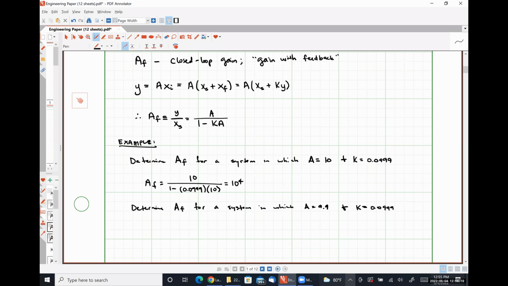So before we go forward here, what's the percent change in our open loop gain? 1%. We have decreased our open loop gain by a factor of 1%. Okay?